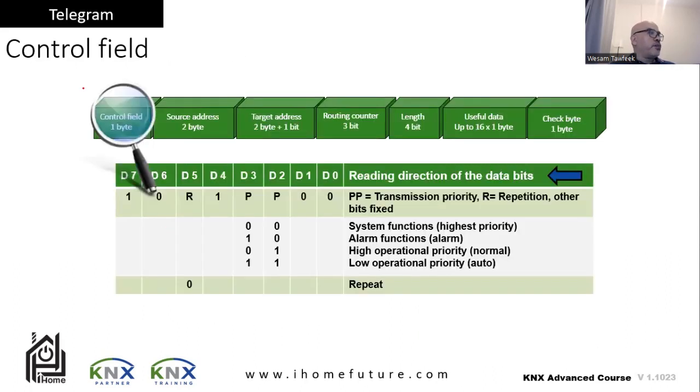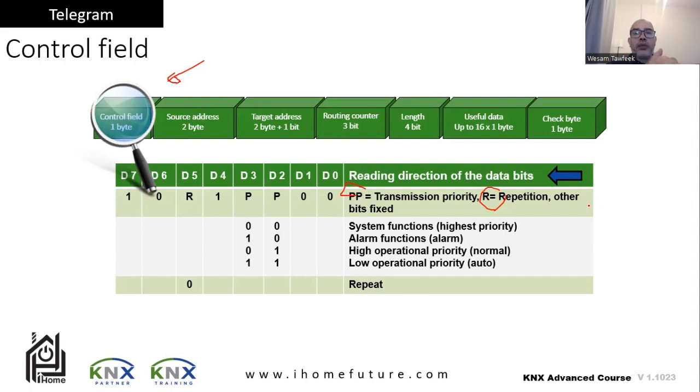Here he's talking now about the other fields, starting with the control field. The control field will have 2 important pieces of information: the first one is the transmission priority, and the second is whether this telegram is new or a repetition. Why repetition? Let's say one device sends a telegram to a group address. The group address has 3 devices. 2 devices say, okay, I received the telegram.